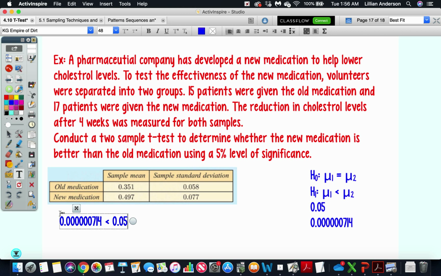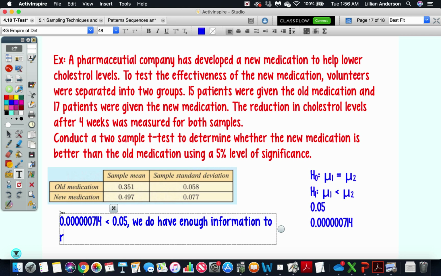And so remember, if the p-value is less than the significance level, that means we do have enough information to reject our null hypothesis. Now remember, our null hypothesis basically said that the old medication was equal to the new medication.